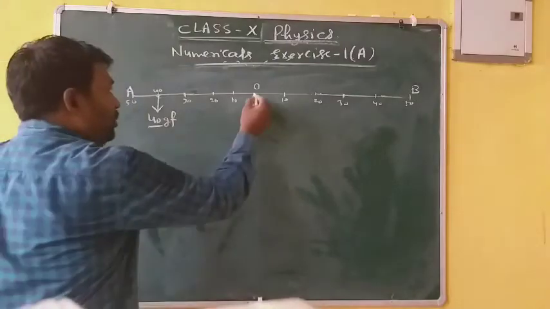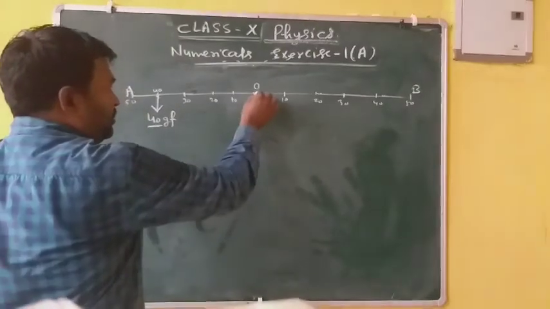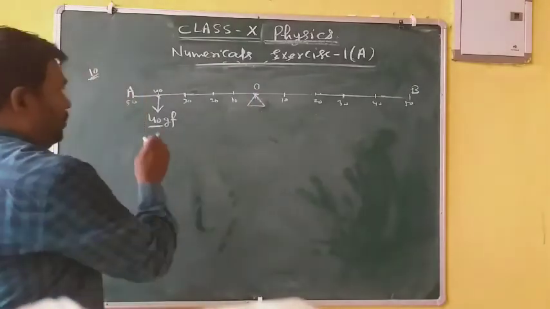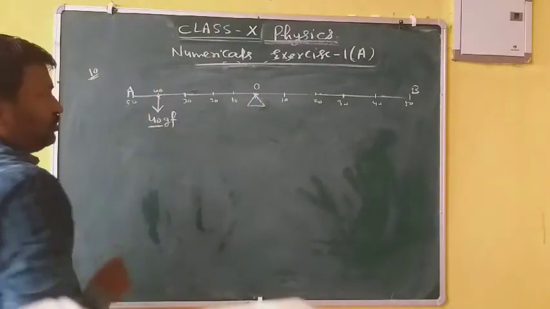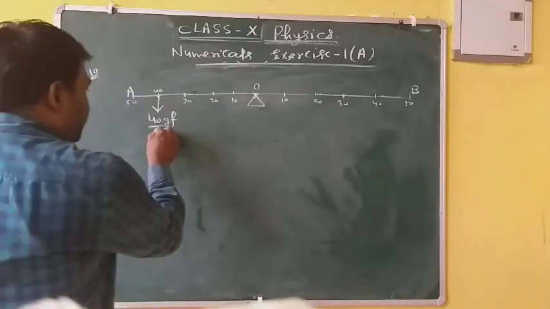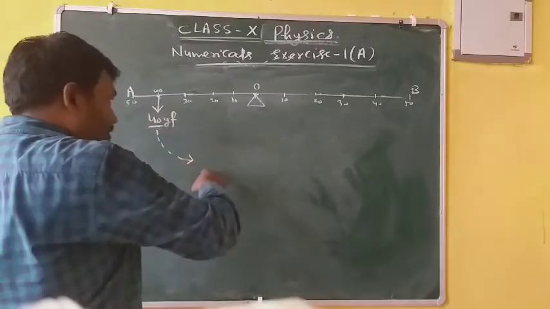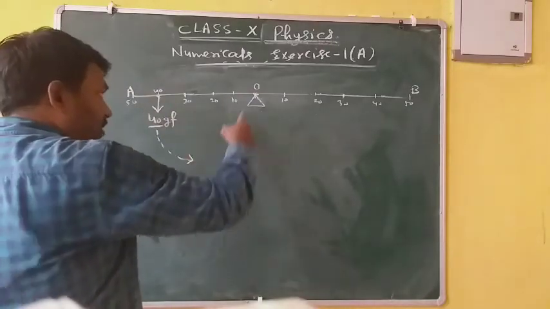About this pivoted or supported point, what is the moment of the force already acting on this body? The moment of this force is in anti-clockwise direction, since it will try to turn the rod about this point.